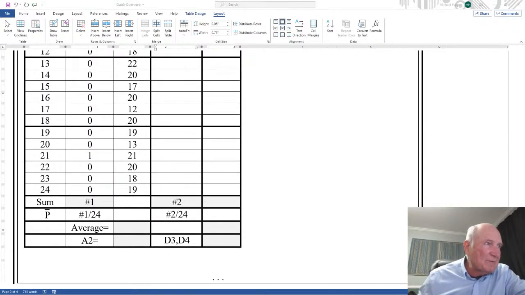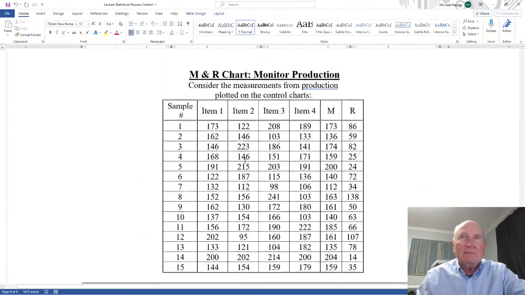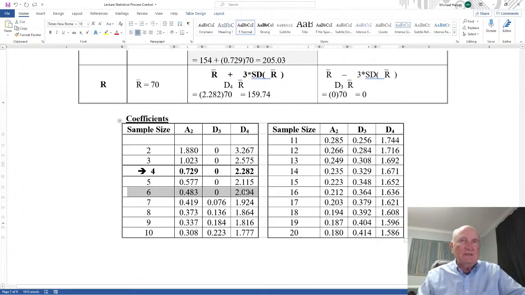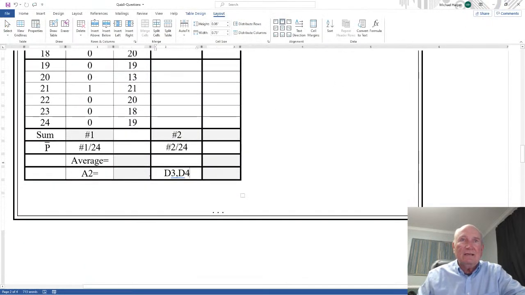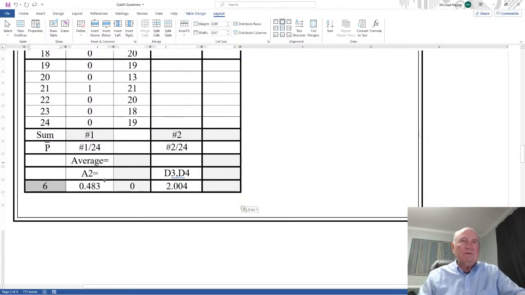Let's bring this back. Where's my sample size of 6? Here it is, right here, those 3 numbers. Let's just Control C these and put them over here. There it is.